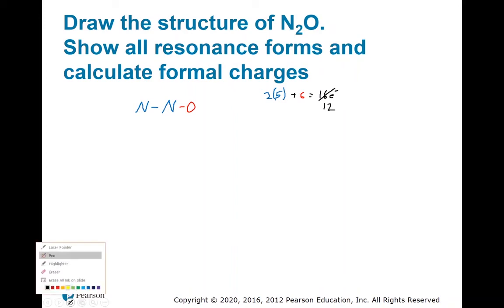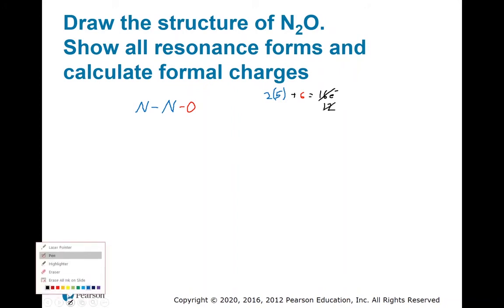The next step is to assign these remaining electrons to outside atoms first to complete their octets. The nitrogen on the left and the oxygen on the right both only have 2 electrons around them each right now. So we need to give them 6 more, so 3 lone pairs. If we do that for 2 atoms, we'll exactly use up our remaining 12 electrons, so that's good.